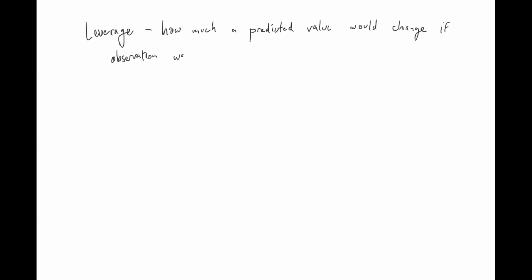The first is known as leverage. This is how much a predicted value would change if the observation was shifted 1 unit in the y direction.